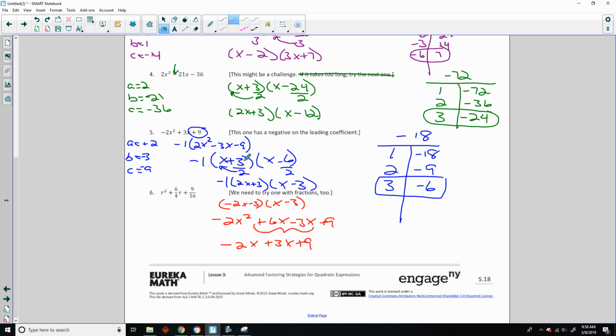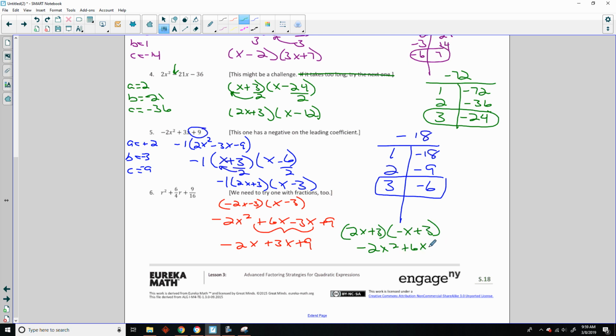And if I do it the other way, if I multiply this by negative 1, then I will get 2x plus 3 will stay positive right here, but I'm going to multiply this negative 1 times x, which is negative x, and multiply this negative 1, and it's going to be plus 3. So 2x times negative x is negative 2x squared. 2x times 3 is 6x. 3 times negative x is negative 3x.